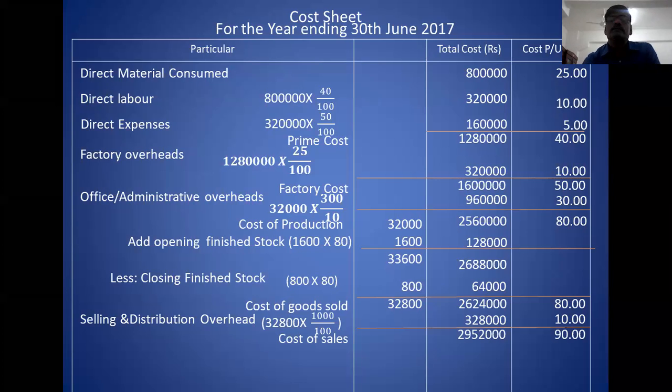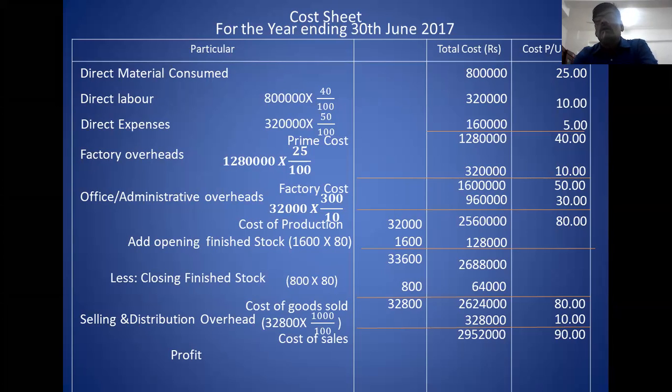Then profit. What is profit? Profit is 1/6 of sales. Sale is not given in the problem. Therefore, for every 1 rupee of sale, 1/6 is the profit. You remember this point. So in 1 unit, you deduct 1/6. 1 minus 1/6 is 5/6. 5/6 is called cost of sale. And for every 5/6 cost of sale, 1/6 is the profit.